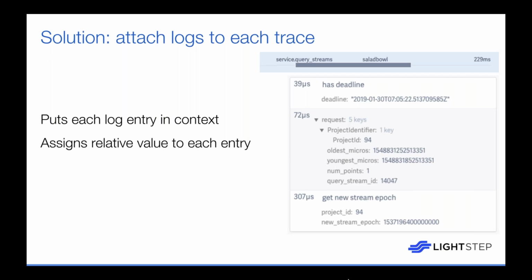You can see that these are pretty verbose. This is just one span, maybe among hundreds, and I've captured a bunch of different data here. Storing this for every time we make this kind of request would get pretty expensive. So what we're able to do is assign some relative value to these log entries based upon whether or not this span is part of a trace that we've decided we should be thinking about.